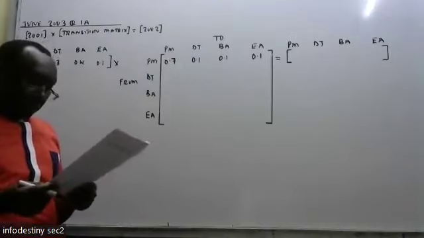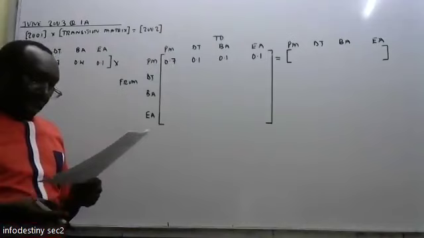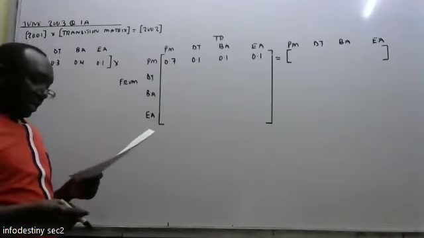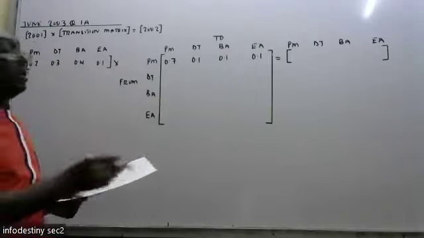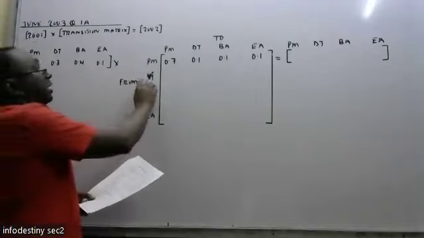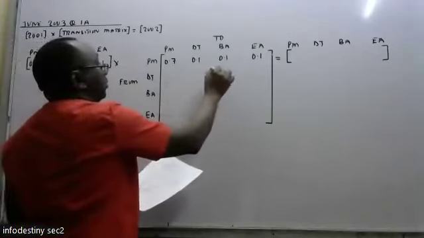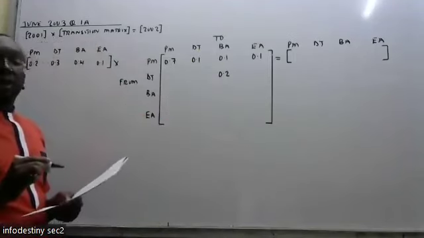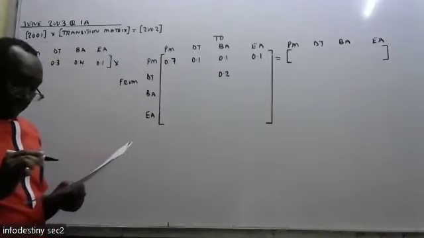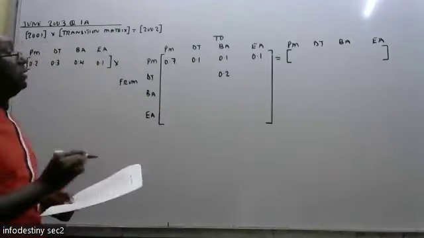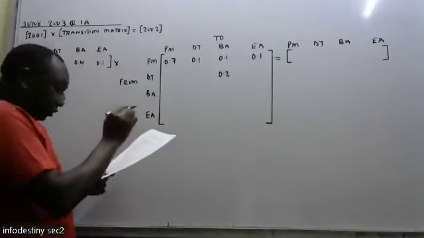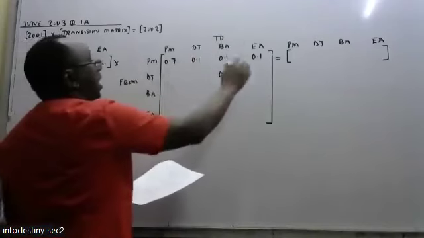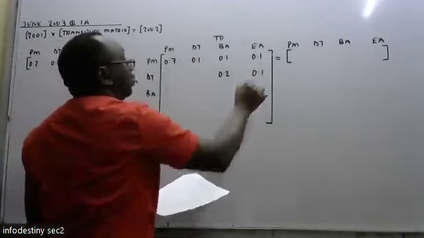When we read information 2, we are told out of those which used BT in the year, 20% switched to BA. So we are saying from BT to BA, 0.2. Then from BT to EA, 0.1.